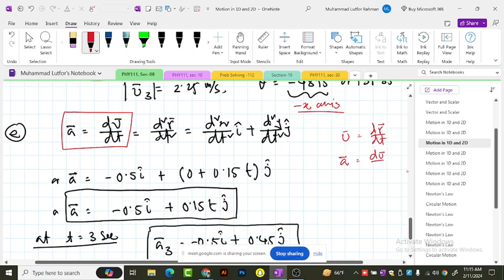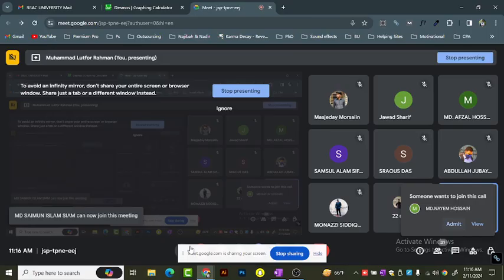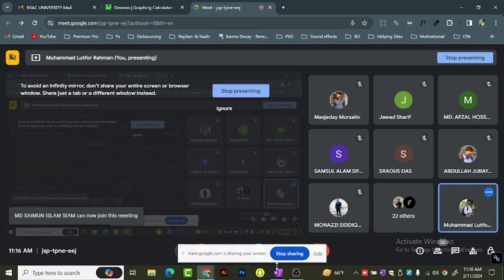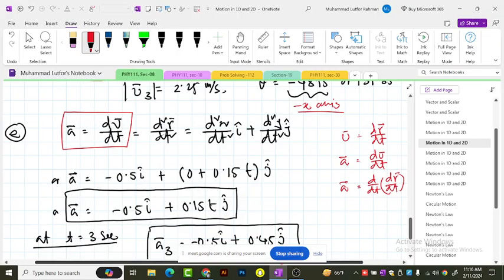Now this v, if you plug in over here, v is actually dr over dt. One minute. Then you will find out this a is going to be simply d square r divided by dt square, which means the second time derivative of that position function.